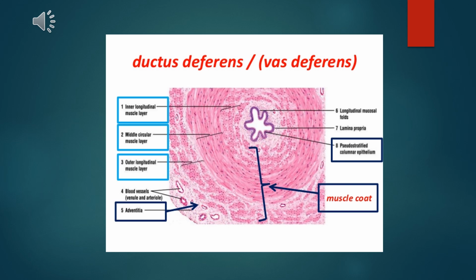Then followed by the second layer, the muscle coat. It consists of three components: inner longitudinal, middle thick circular layer of smooth muscle, and outer longitudinal muscle. Outside to that is the adventitia or connective tissue, which consists of connective tissue, blood vessels, nerves and other components.